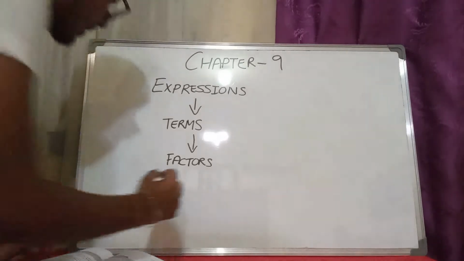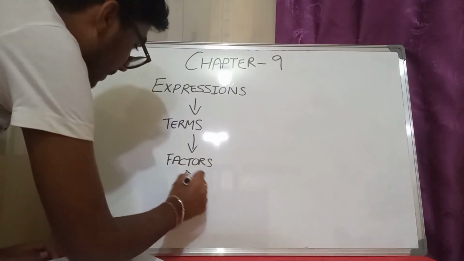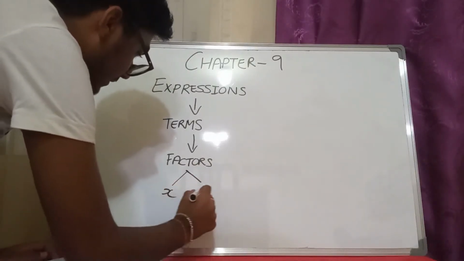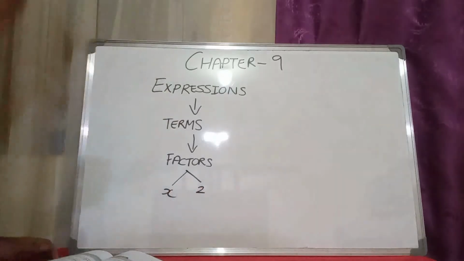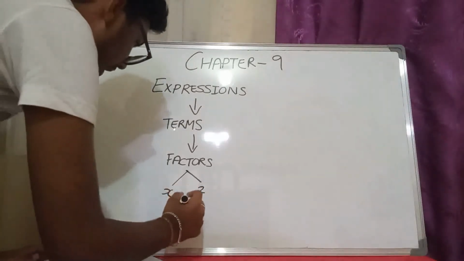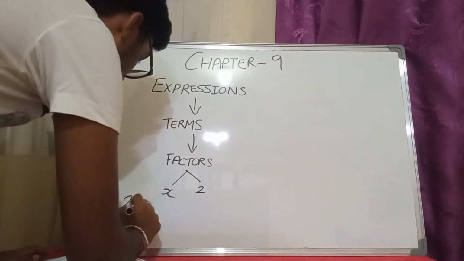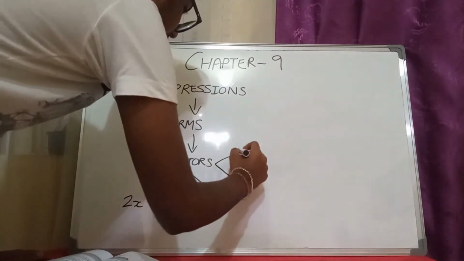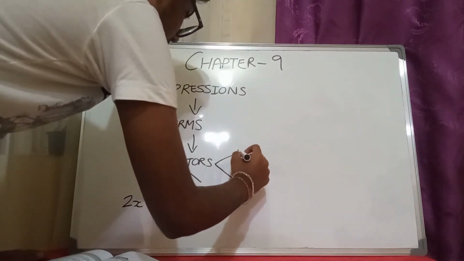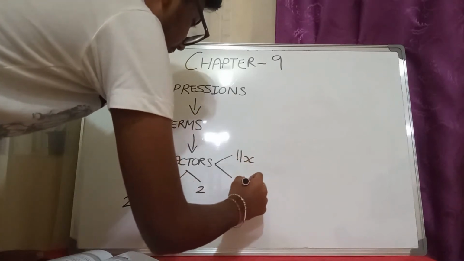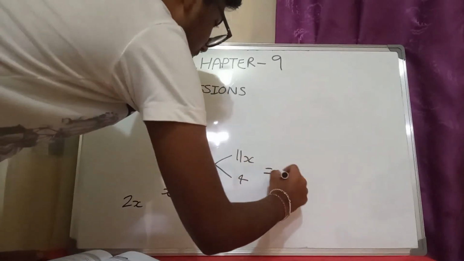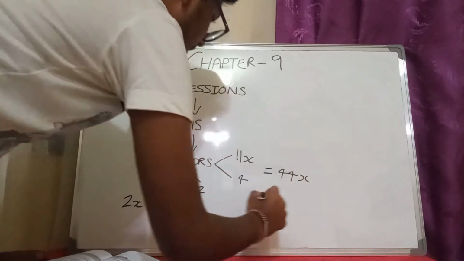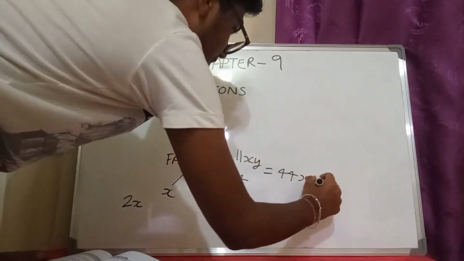So for example, take x and 2. These are the factors. If there are x and 2, this will form 2x. And if there are two more factors, namely 11x and 4, this will become 44x. 11xy, 44xy.